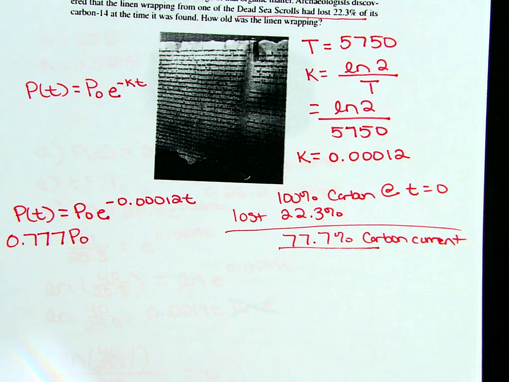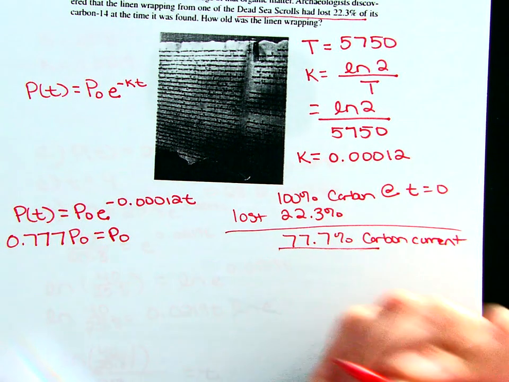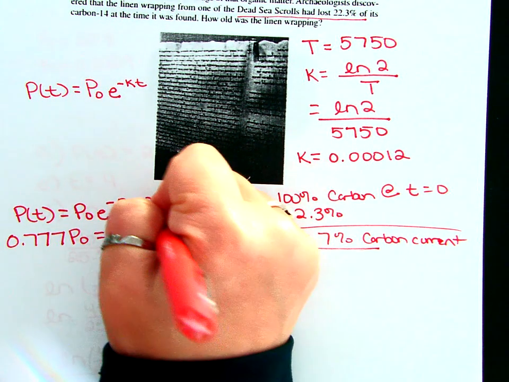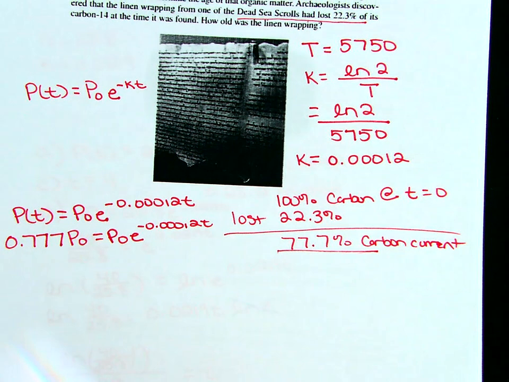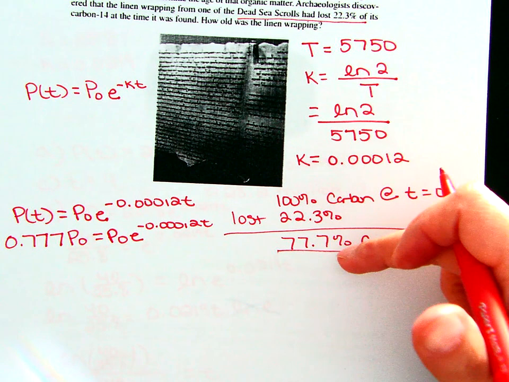It equals the amount that we start with, times e to the negative 0.00012 T. This problem specifically is different than all the other problems you've dealt with because they don't tell you either the starting amount or the ending amount, but they tell you how much was lost. And so that's what we have to go off of. We lost 22.3% of however much we had, which we don't know yet. And so that leaves us with 77.7% right now of the original.